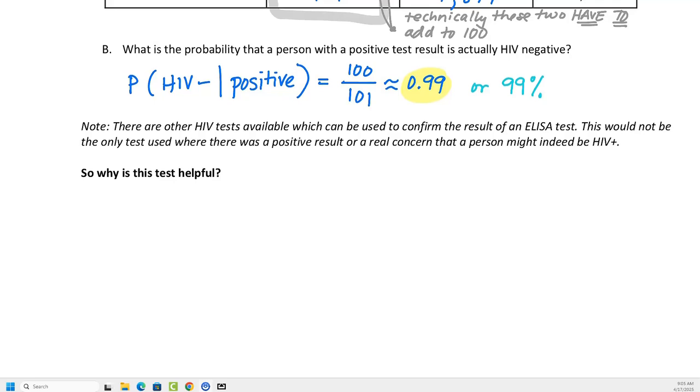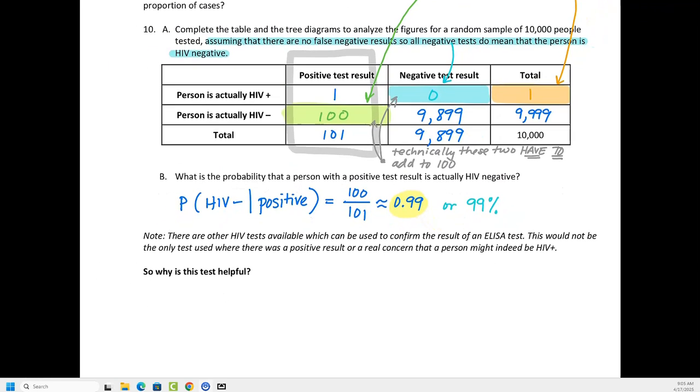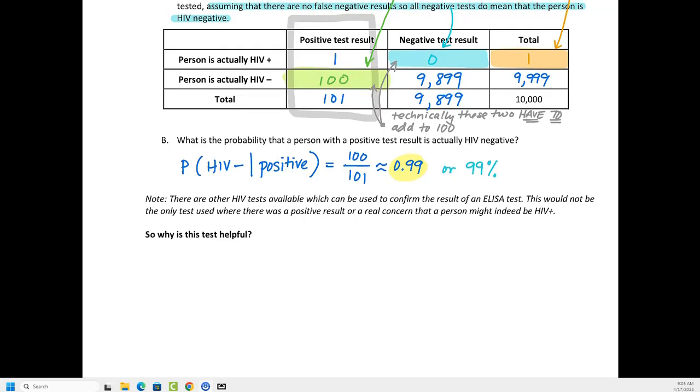So why is this test helpful? Looking at the data, right? Why is this test helpful? Okay, yeah, they're cheap and easy to administer. Okay, that's good.